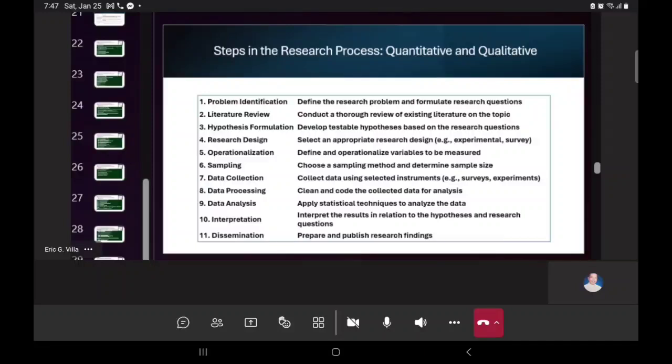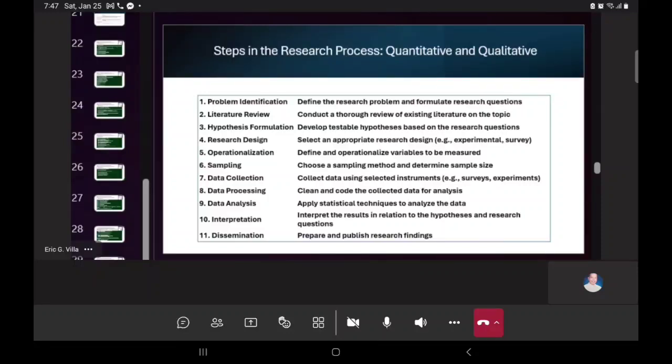The results are then interpreted in the context of research questions and existing literature. Finally, the findings are disseminated through research reports, academic publications, or presentations to contribute to the body of knowledge in the field.